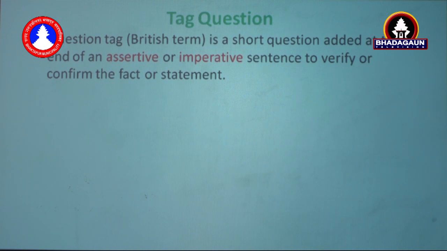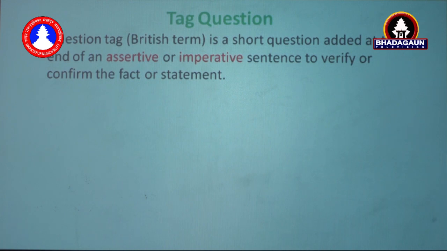You know there are many types of sentence. Among them, tag question is added at the end of assertive and imperative sentences. The main function of the tag question is to verify or confirm the fact, statement or information. So tag question always verifies or confirms the fact or statement, whether that is true or not.